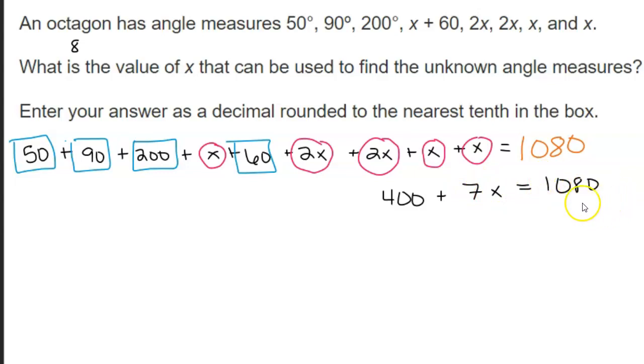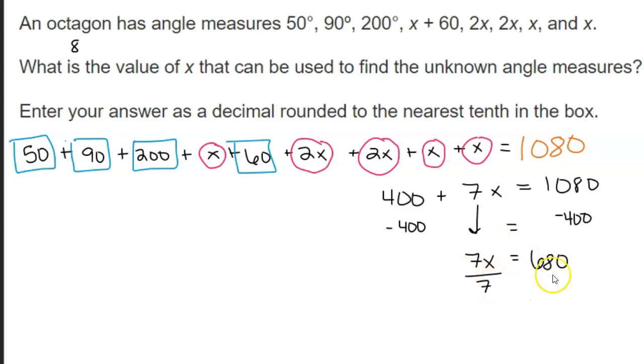Okay, so now we're going to solve for this. We want x by itself, so we have to work from the outside in, farthest away inward. The first thing would be subtracting 400. I'm going to bring this down. 7x equals 1080 minus 400, which is 680.